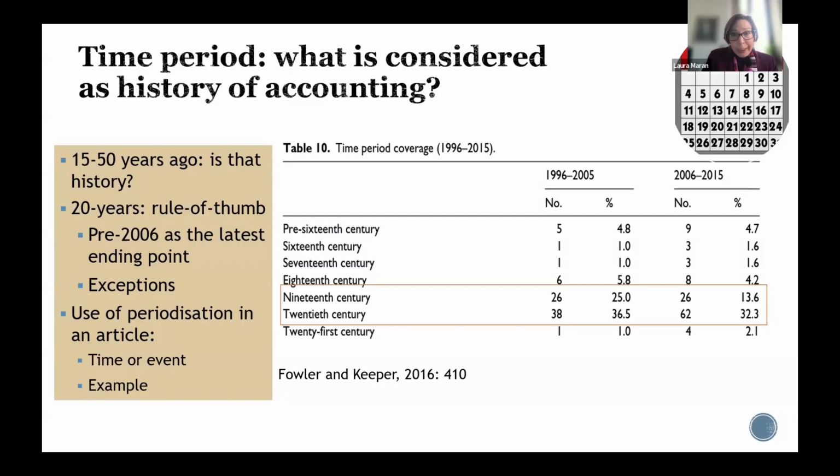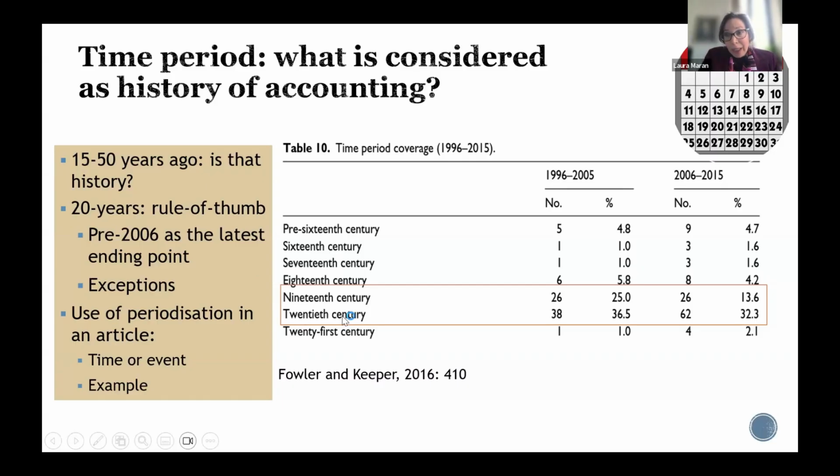As you can see from here, still a table from the publication of Fowler and Keeper 2016, this is still current. Most of the accounting history studies are about the 20th and the 19th century. And unfortunately, there is still the need to go a bit deeper into less recent times and less modern history.